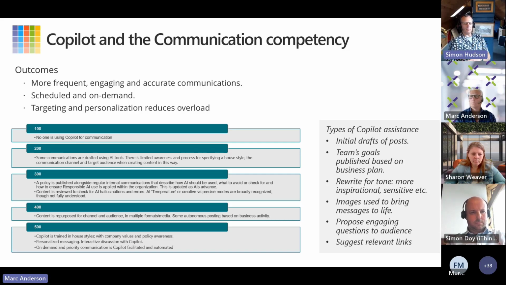And switching from I'll publish it when I like to Copilot looking at when there are communications to be sent, because it has insights into what's going on in the organization, and it will have maybe even some degree of autonomy to say, I think that this is something which is noteworthy. I am going to publish it, or would you like me to publish it? And have a process where we're increasingly allowing our AIs to do some of that autonomous action for us.